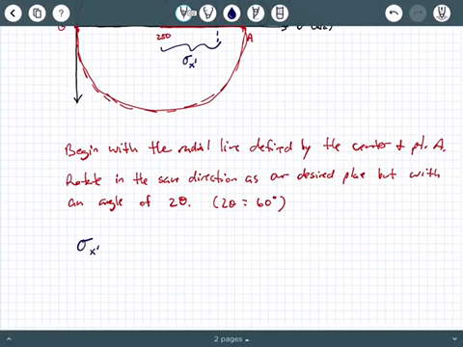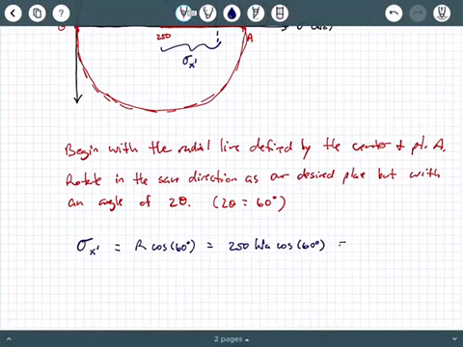So all we need is some right triangle trigonometry. We're interested in this value right here, sigma x prime, and this vertical component, tau x prime y prime.